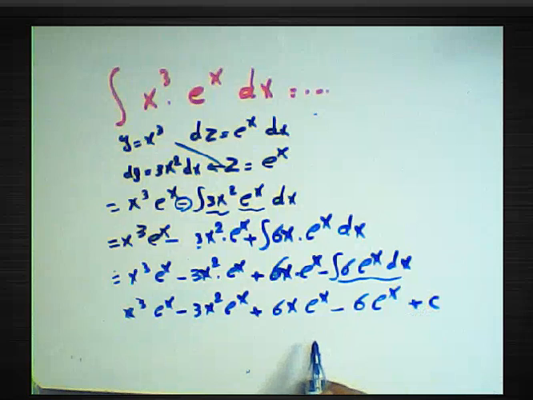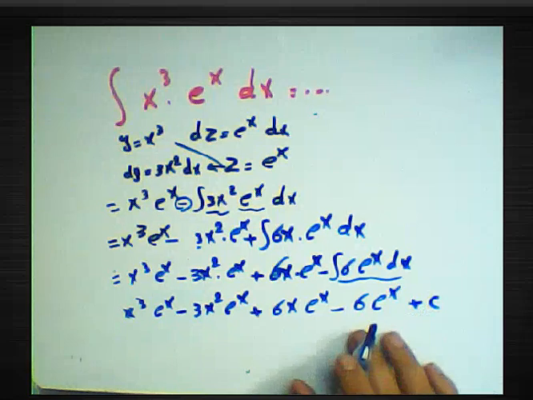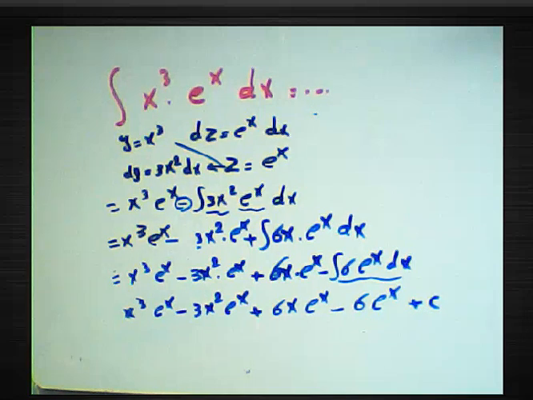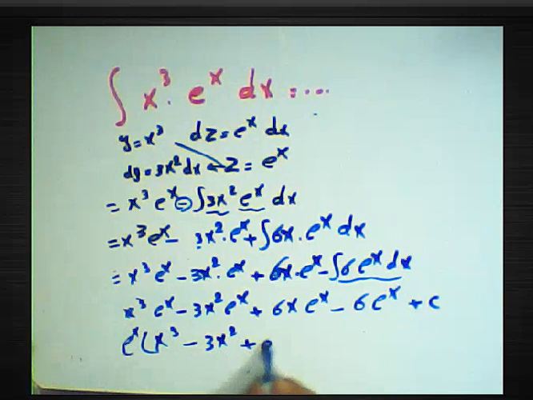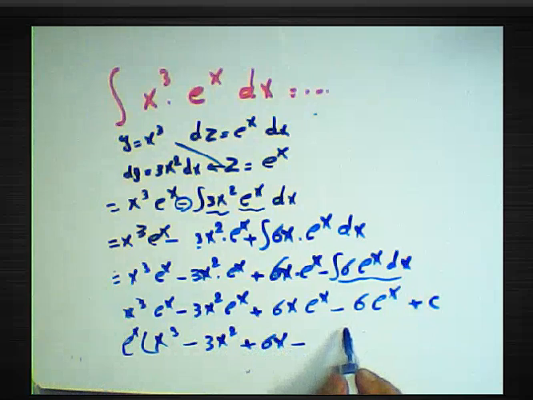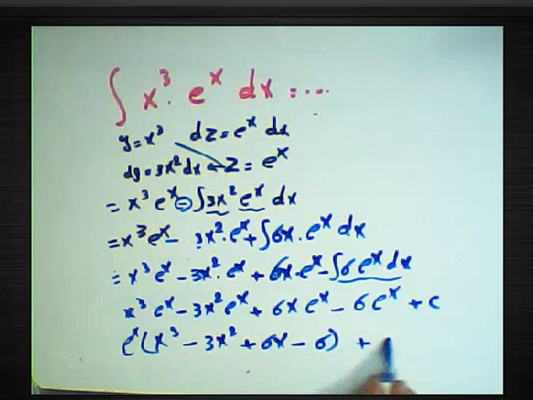We can cancel 6 e^x. You can write e^x as the highest common factor between all of them, and the result here is x^3 subtract 3x^2 plus 6x subtract 6 plus constant.